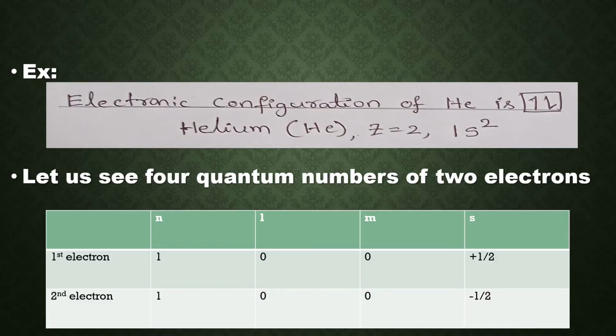Spin takes either plus half or minus half. The second electron also belongs to the 1s orbital. Therefore, n equals 1, l is 0, m is 0, and spin is minus half. If the first electron takes plus half, the second electron takes minus half, and vice versa.